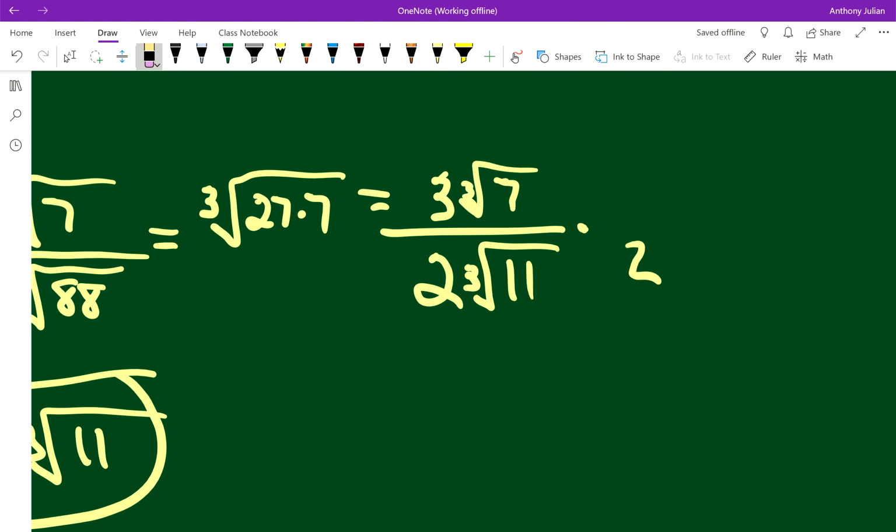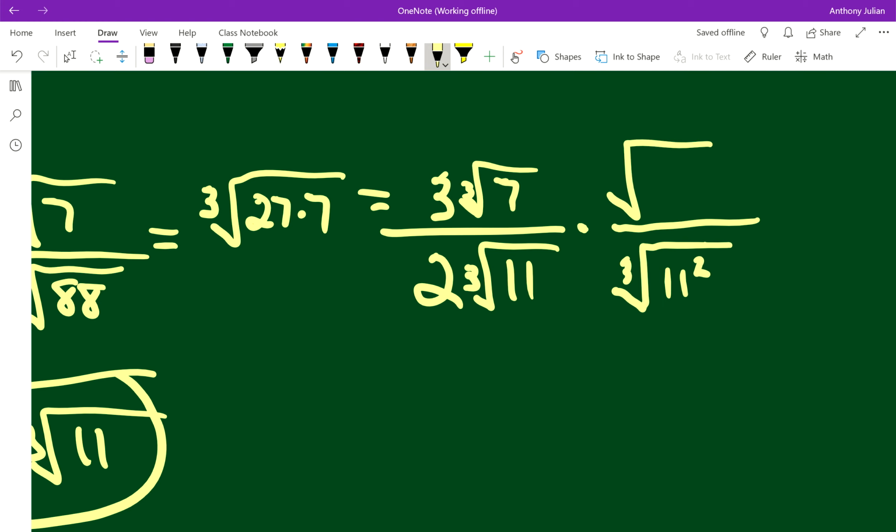Let's say we do it this way, and I'm going to multiply top and bottom by just the root, not this 2. I have one 11 here. I need 2 more, so that would be 11 to the second power, top and bottom, cube root of 11 to the second power.